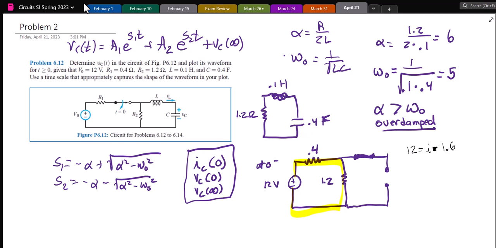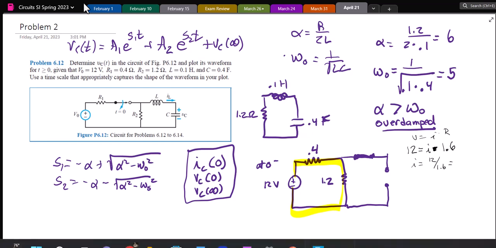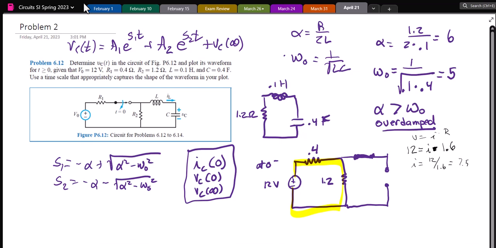So that's V equals IR. So I is 12 over 1.6, which is 7.5.